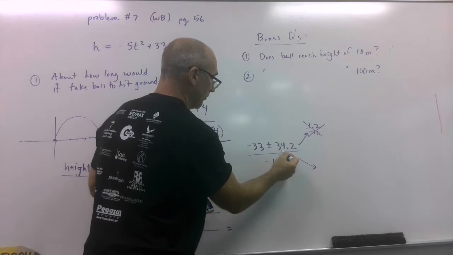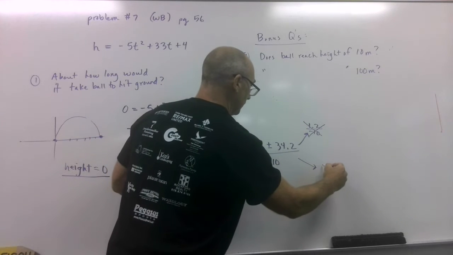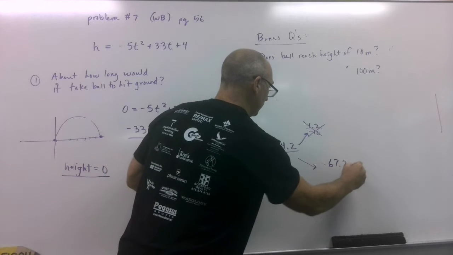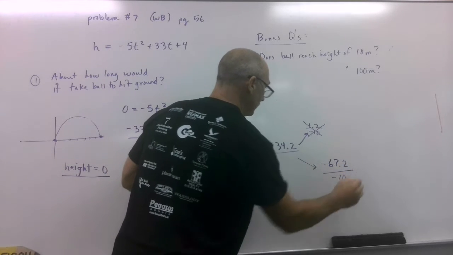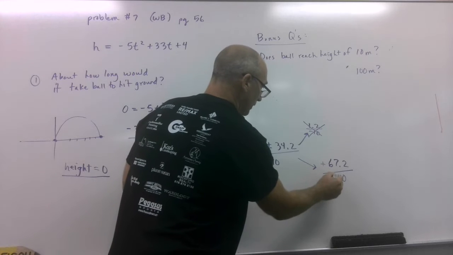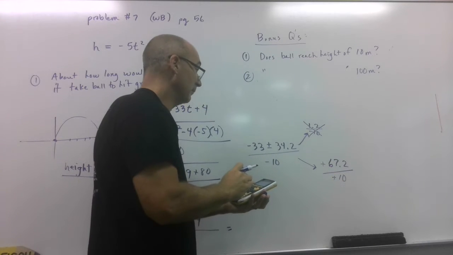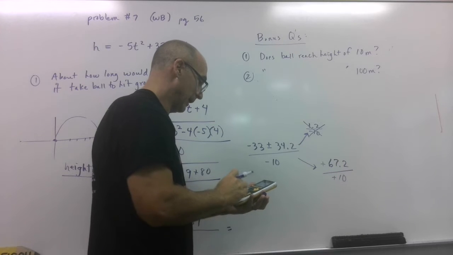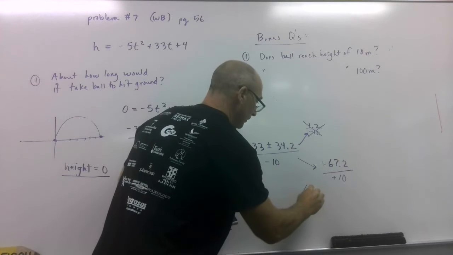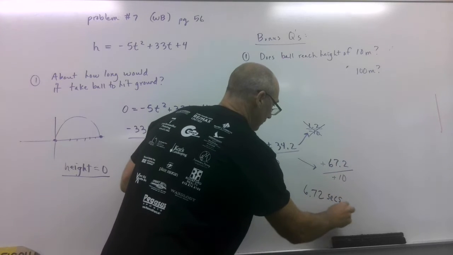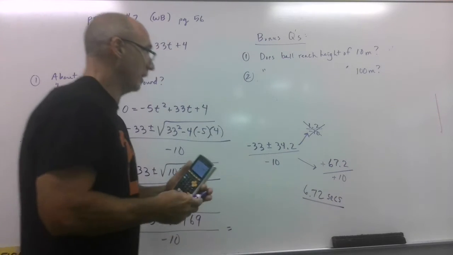Negative 33 minus 34.2 is negative 67.2 all over negative 10. Now, these two negatives would cancel. And 67.2 divided by 10, I should have been able to do that in my head, is 6.72 seconds. And there's part 1 of this question.